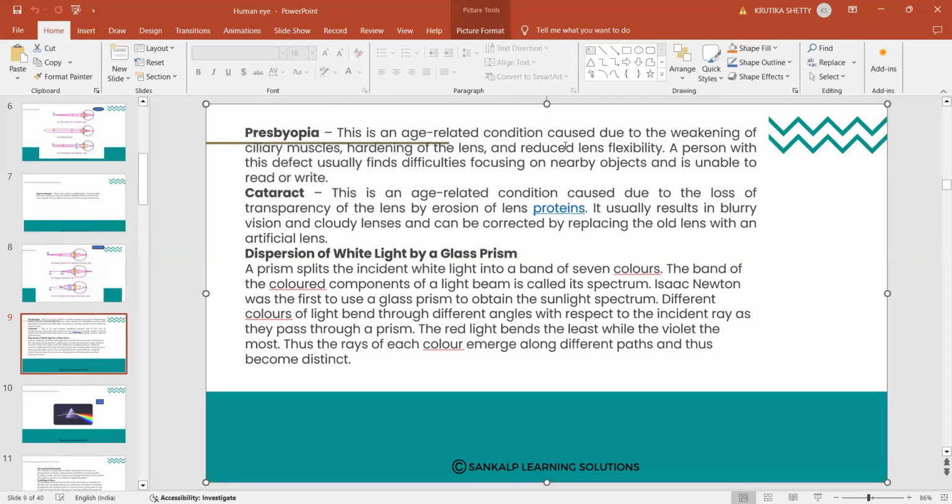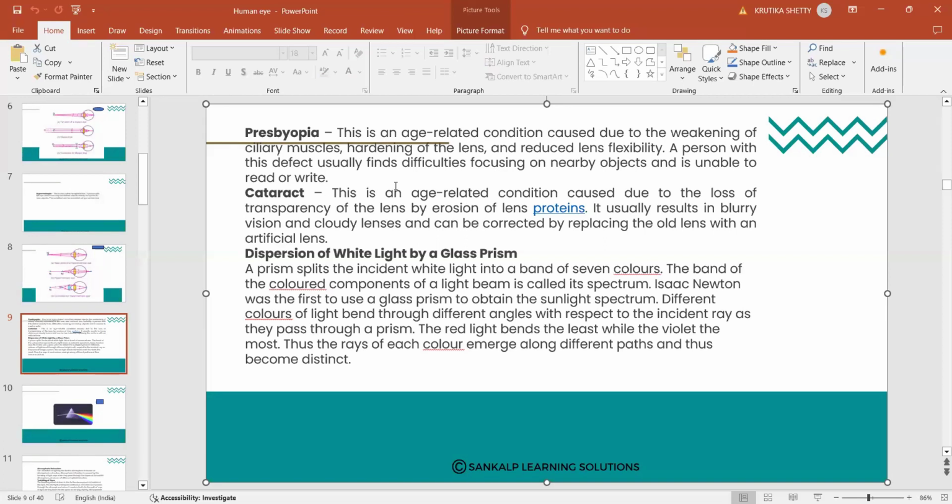This is an age related condition caused due to the weakening of the ciliary muscles, hardening of the lens and reduced lens flexibility. A person with this defect usually finds difficulties focusing on nearby objects and is unable to read or write.